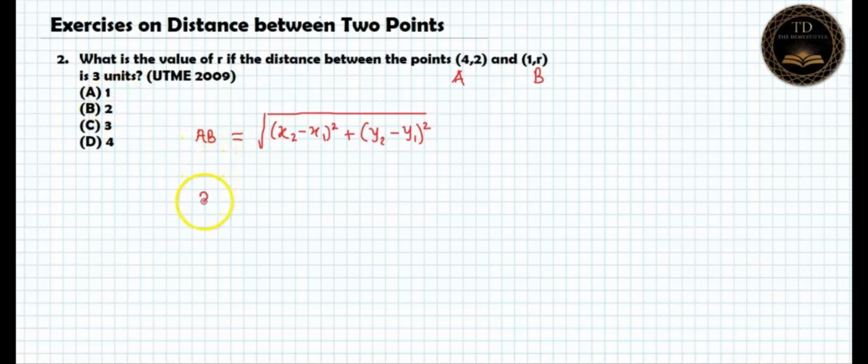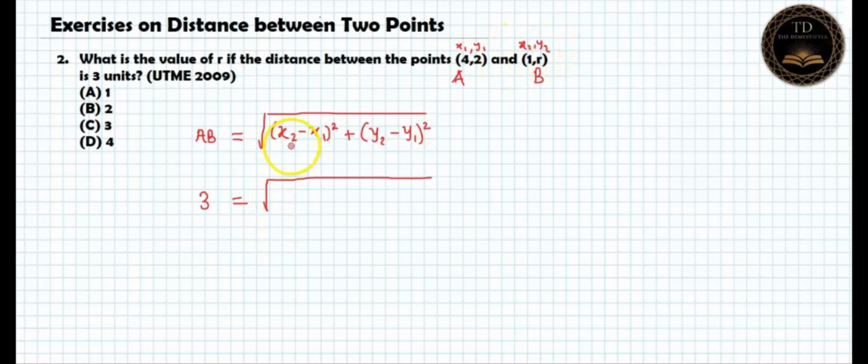Okay, so we just write 3 is equal to the square root of, now x2, remember, always label these points so you don't get them mixed up. This is the first point, so we have x1 y1, and second point x2 y2.